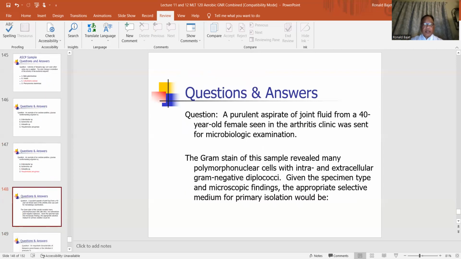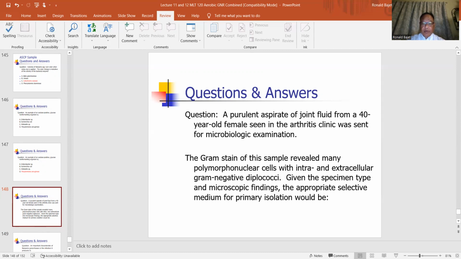All right, case study question. A purulent aspirate, joint fluid, so your mind should be thinking about a certain organism. It's from a 40-year-old female seen in the arthritis clinic and sent for microbiological examination. Gram stain of the sample revealed many polymorphonuclear cells, PMNs, with intra- and extracellular gram-negative diplococci.